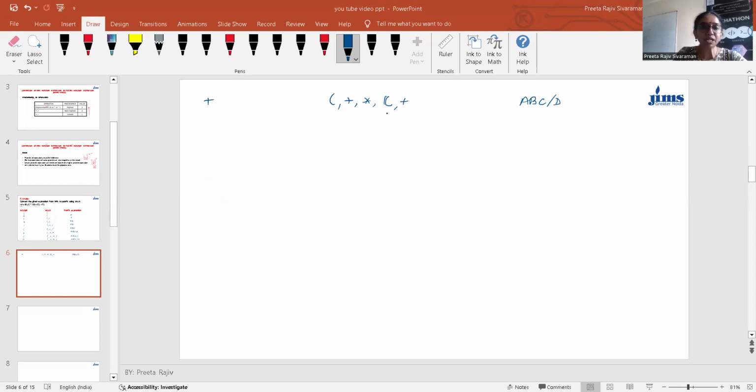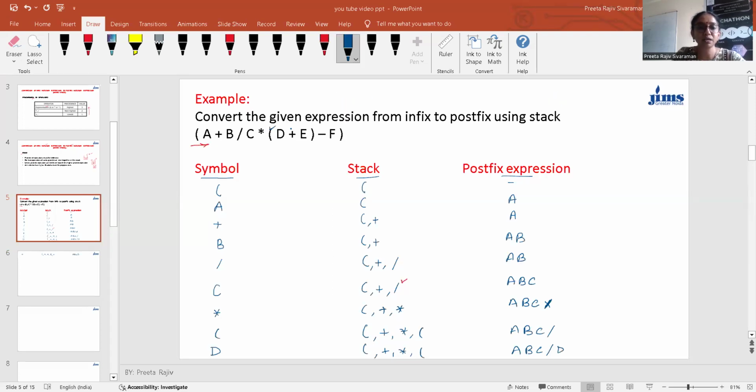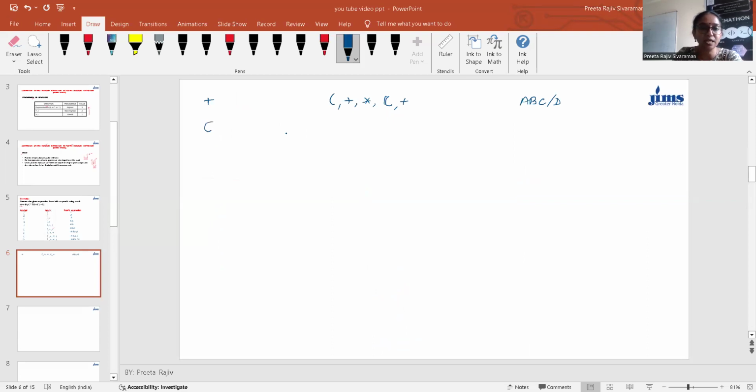Now the next symbol which is scanned is E. Now I'll put it here, where it will go to the postfix expression. So the stack contents remain the same: opening bracket, plus, multiply, opening bracket, plus, and the expression will be ABC/DE. Right? The next symbol which is scanned is closing bracket.